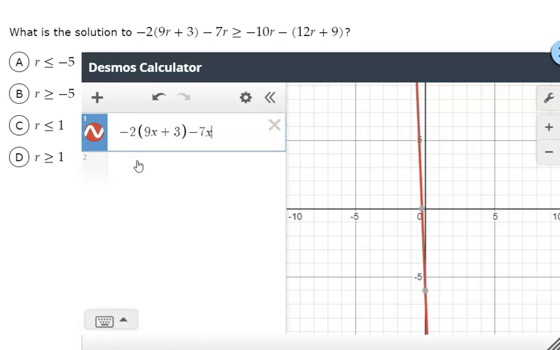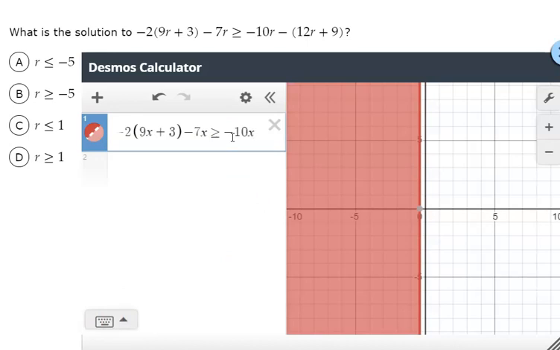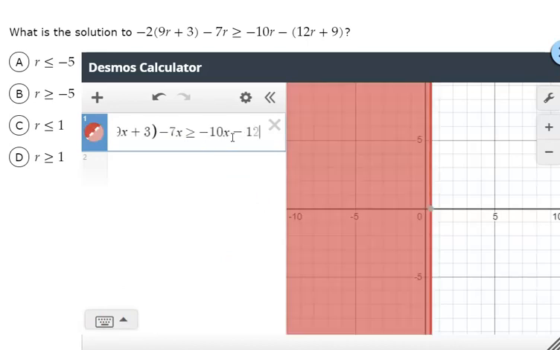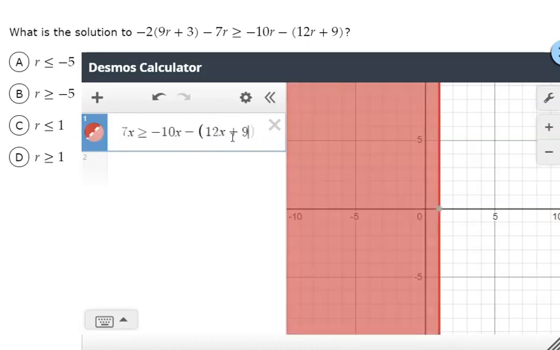That's the variable we want to use. So greater than or equal to, you just type greater than or equal to, or you can find the symbol on the keyboard below. And then you'll do negative 10x minus parentheses 12x plus 9, and then close parentheses.